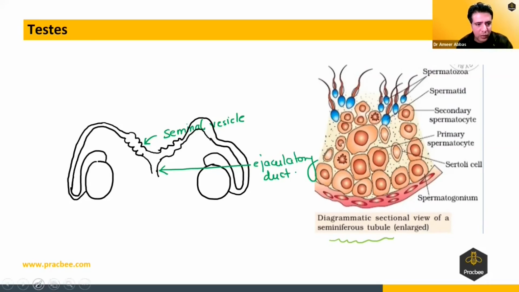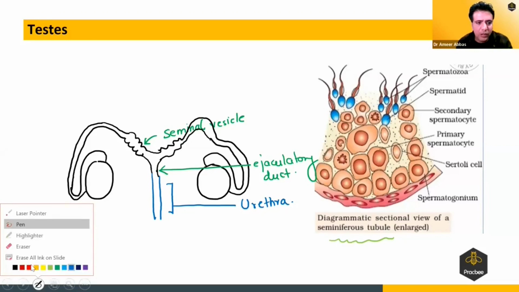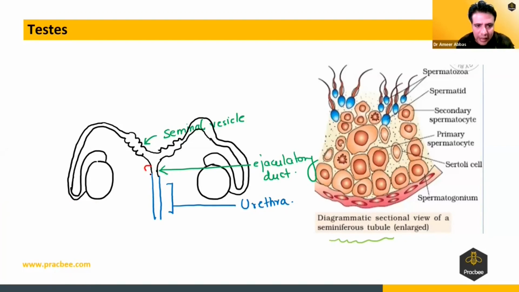The ejaculatory duct opens into a muscular tube known as the urethra. So the urethra serves as both the passage of urine as well as the passage of sperm. So it's a common duct. The urethra is divided into three regions. Remember this. I'm drawing a gland here. This is the prostate gland. The region near the prostate gland of the urethra is known as the prostatic urethra.